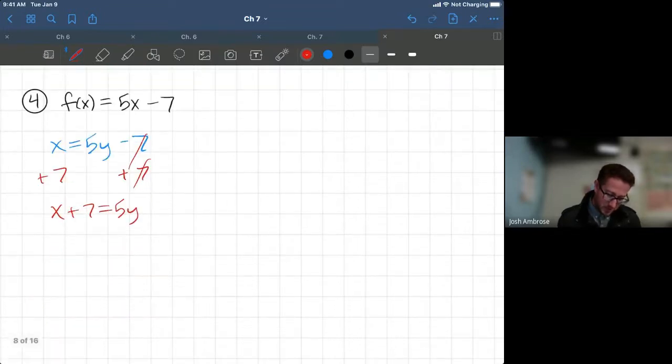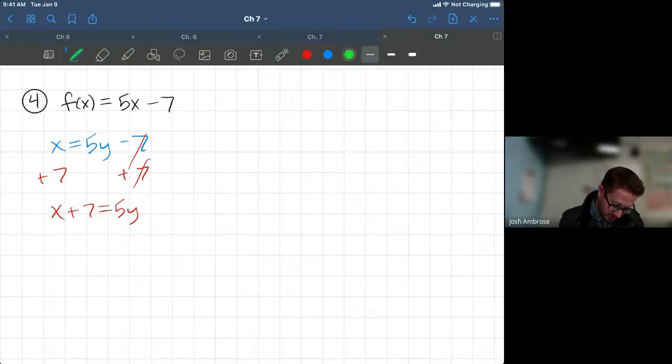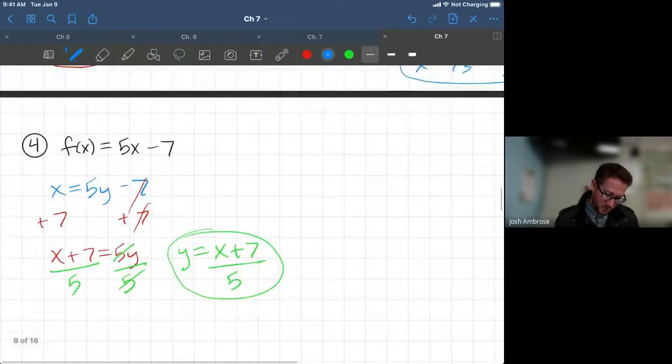Now we got to get rid of that 5, so divide everything by 5. The 5s will cross out. y equals x plus 7, the whole thing divided by 5. Excellent. Follow those steps, simple enough.